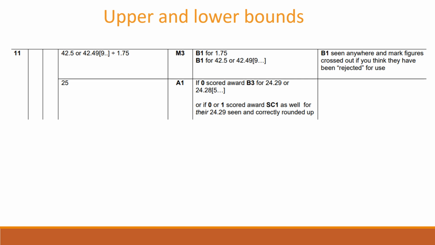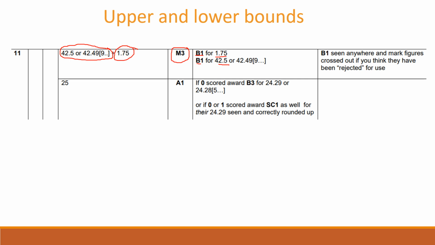Now the mark scheme for this question tells me that we get a method mark for trying to use the upper bound. These two values here are classed as the upper bound, divided by my 1.75, which gives me 3 marks. There was 1 mark, so this B1 is for 1.75. There's another B1 for either getting 42.5 or 42.499, because technically 42.4999999, the maximum value you can have, will round down to 42.